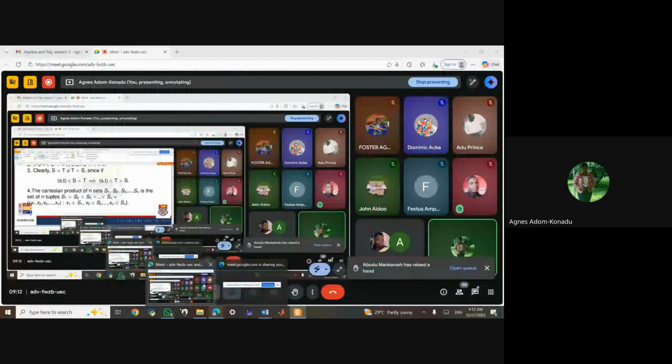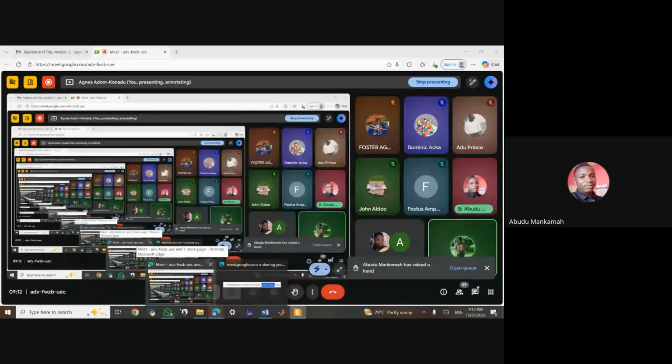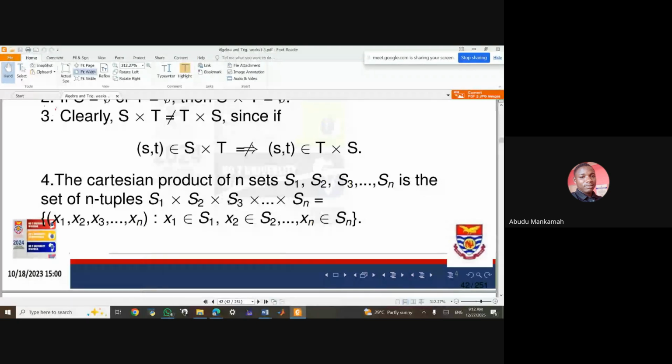Then the fourth one says that... Yes, Abudu. That means if in an example you are being asked to prove whether it is commutative or not, you conclude by saying it is not commutative, right? I've not written any commutativity here. I know. Last block we did mathematics for computing, those of us doing IT, and this same question came.